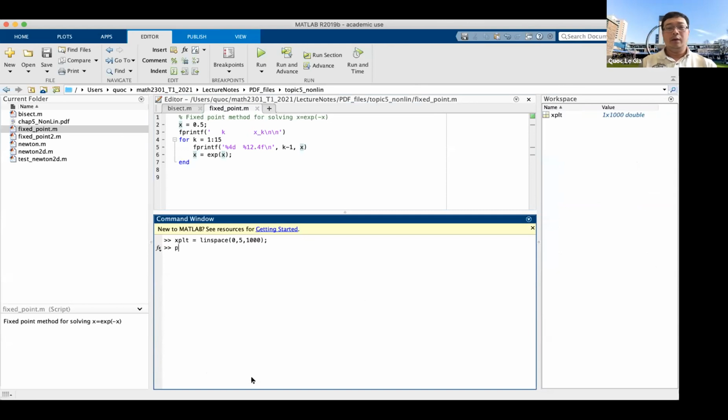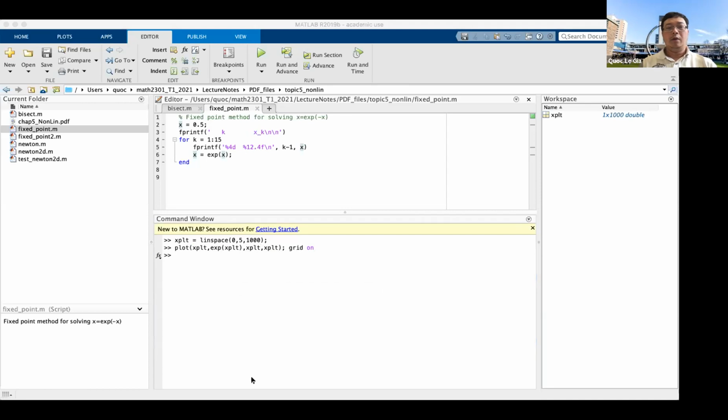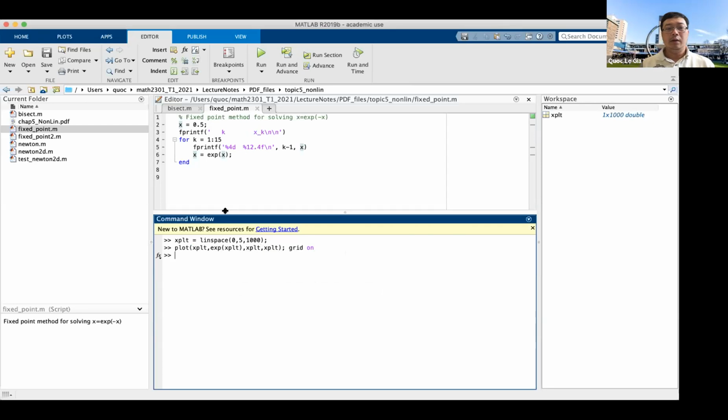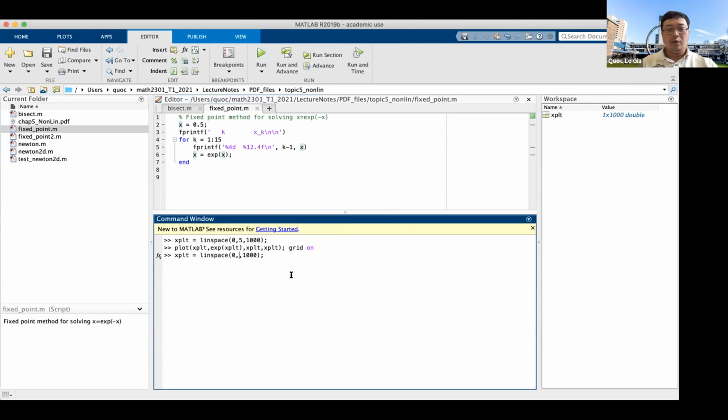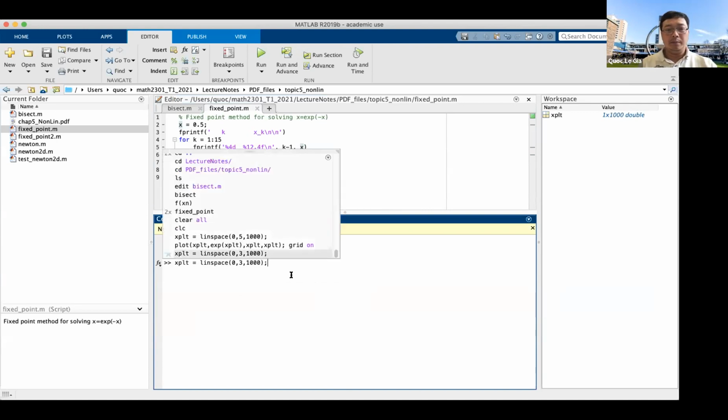Then I plot x versus e to the x, and hold on and plot x versus x. Oh, maybe it's too big, so maybe this one is only, say, 3.